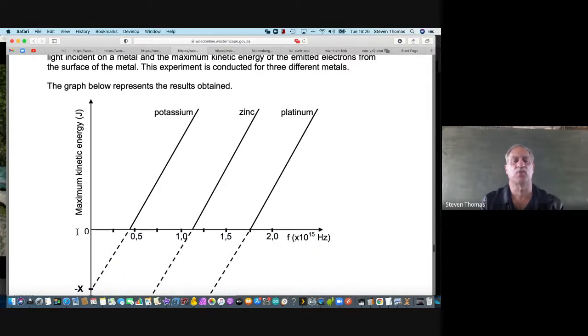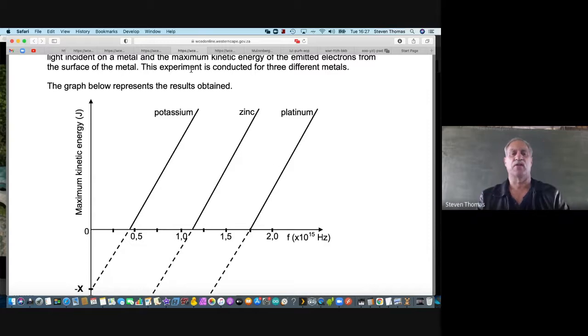We always look, when we've got a graph, at what's on the y-axis. It's kinetic energy, right? Not just any old energy, kinetic energy, and frequency. So what do you need to know about this photoelectric effect? Well, you've got different metals, and the same frequency of light will affect different metals.